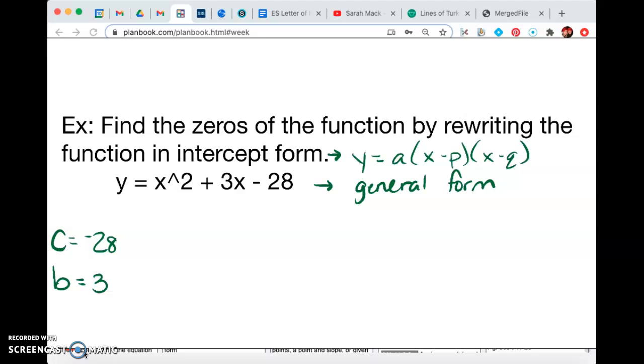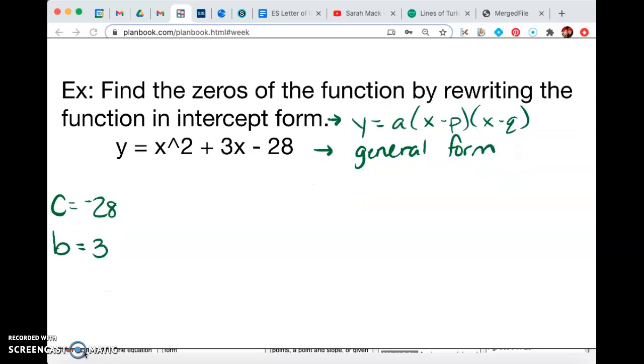Okay. So then my numbers. Yeah. Well, what are my options?